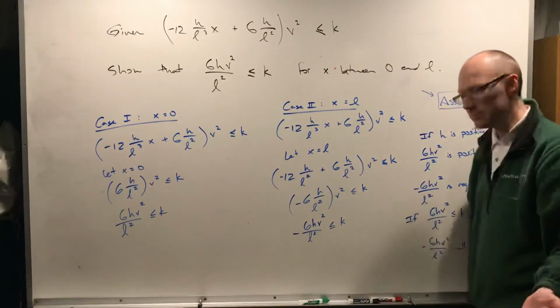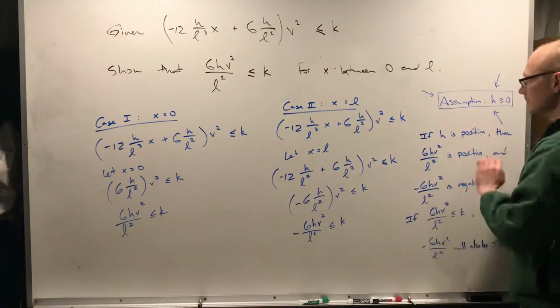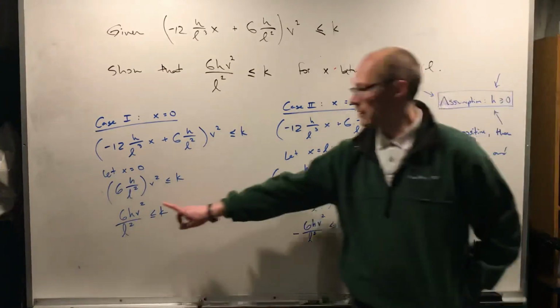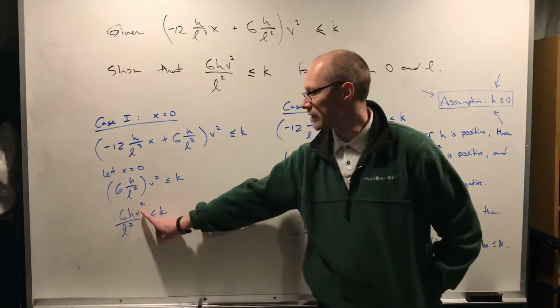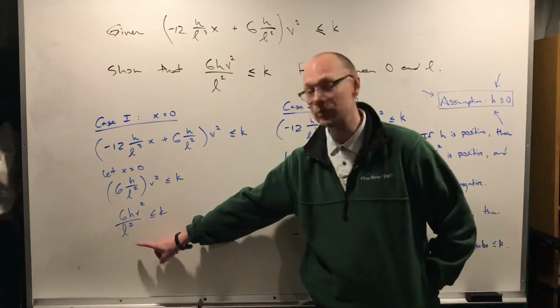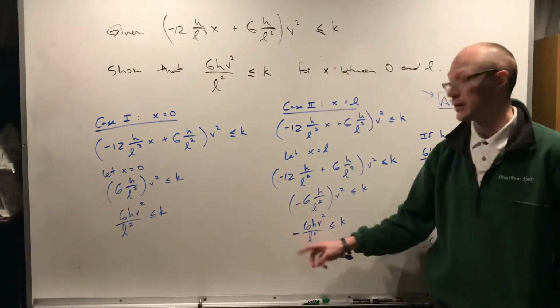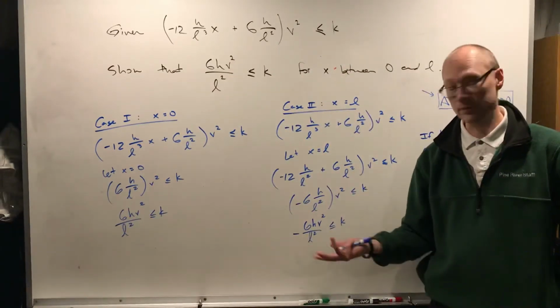So the question then becomes, well, first of all, let's go to the assumption. If h is positive, then 6 is positive, v squared is positive, L squared is positive. This is a positive amount, and putting a negative in front of it is going to make it a negative amount, right?